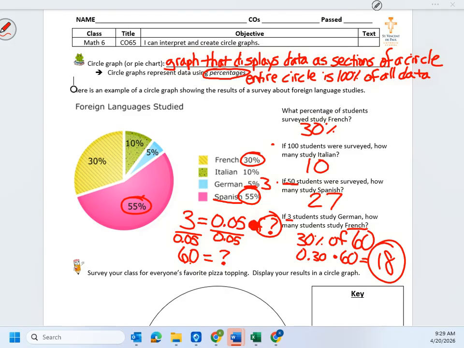We knew 3 students studied German, so we had to do this math to find that there were 60 students total. Then we could find that 30% of the 60 took French. So sometimes you have to do that second step. Let's look at our next one.